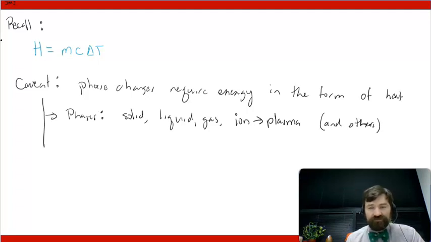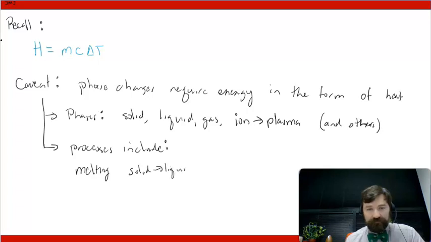So changing phase, there's different processes for phase change. So processes include, and essentially what can you do? You can melt something. So melting basically means from solid to liquid. And then the opposite of that is fusing.